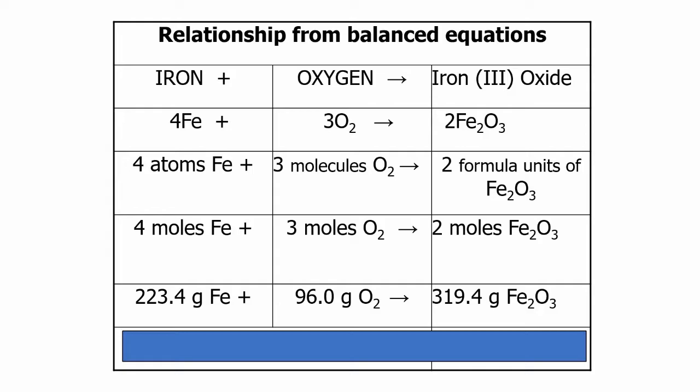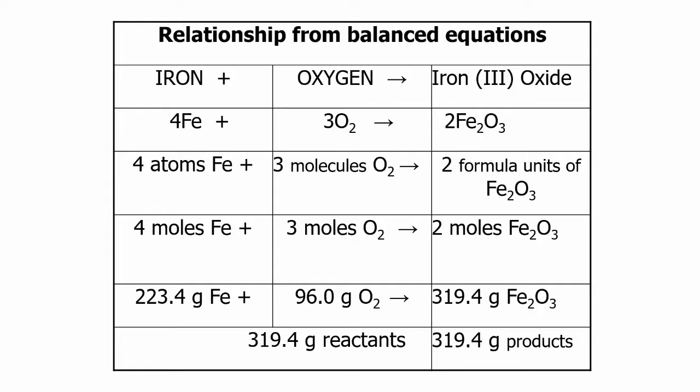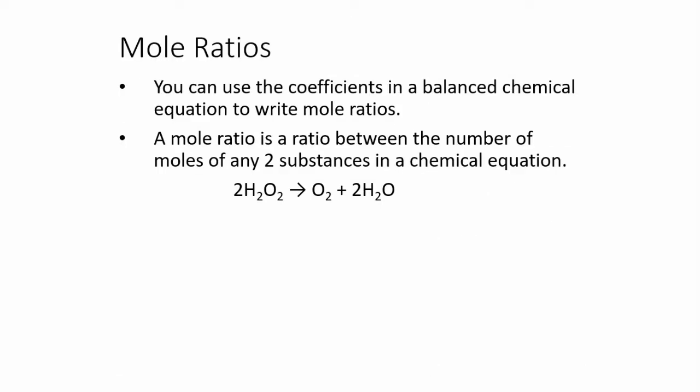So if you look at the reactant side, the iron and oxygen, you add up the mass of these two reactants, you will arrive at the mass of the product. So, equal yung kanilang mass. So, yun yung tinatawag natin kanina sa law of conservation of mass. So, whatever reacts will produce the same mass.